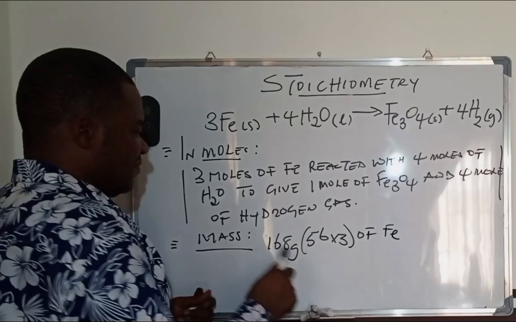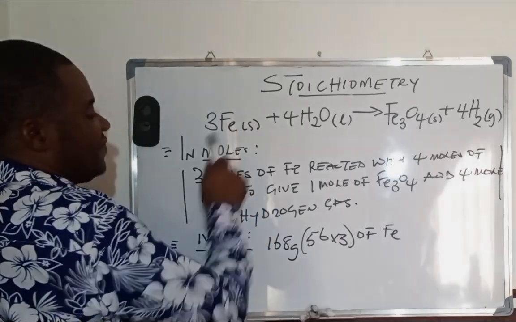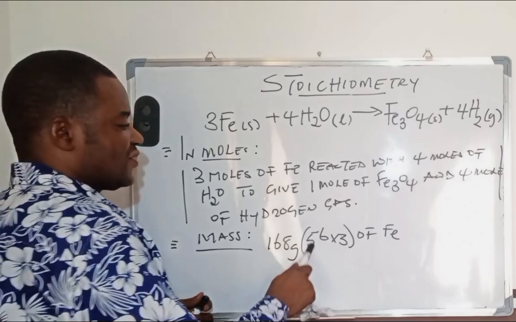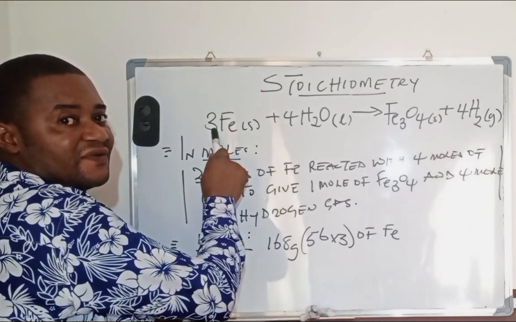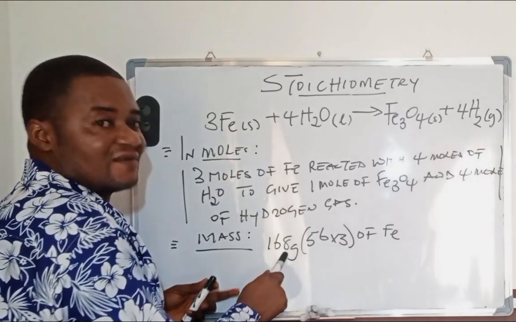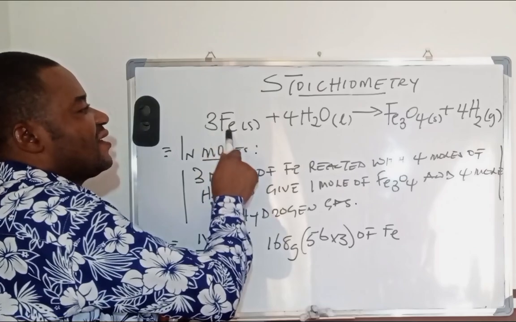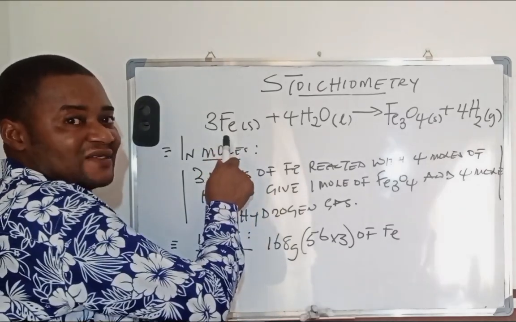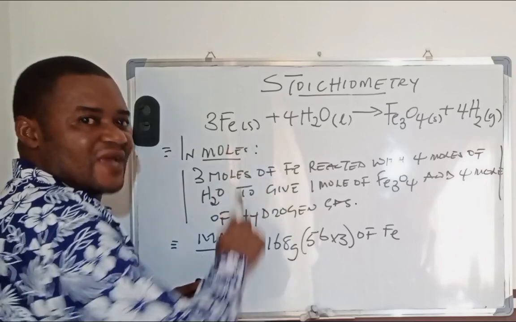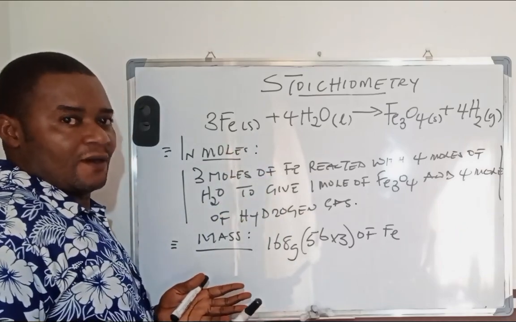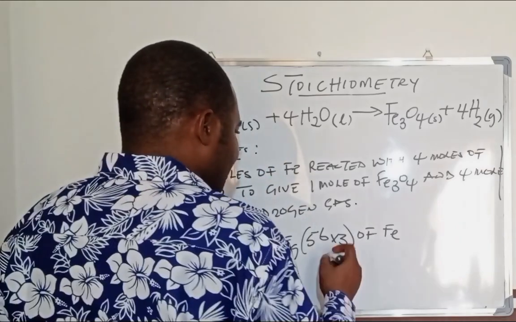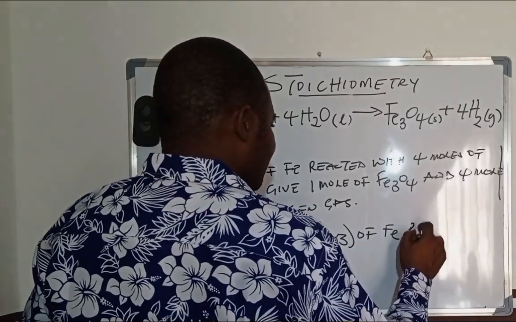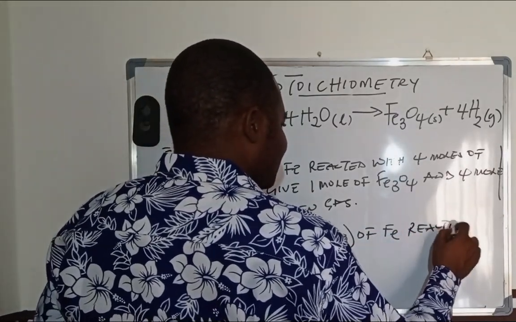The molecular mass of iron is 56. Multiply that by 3 moles, it gives you 168 grams of iron. So when you see 3 iron, it means that 168 grams of this iron is what was used to react. That is stoichiometry.